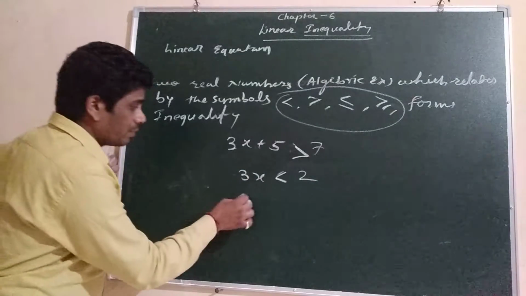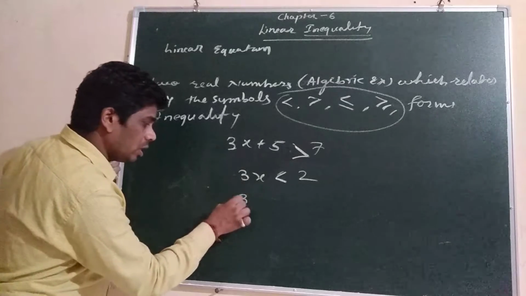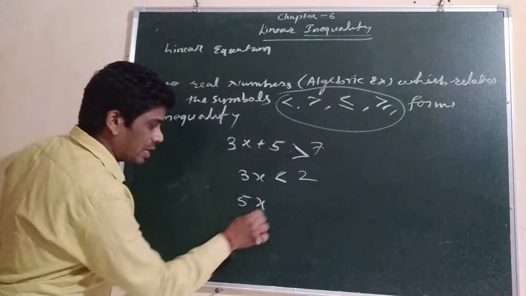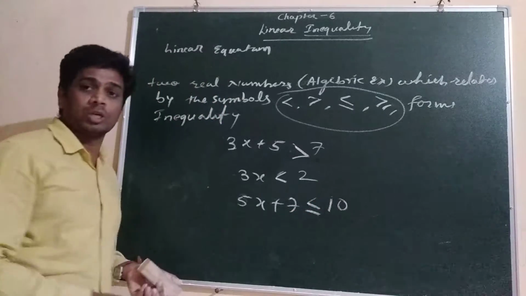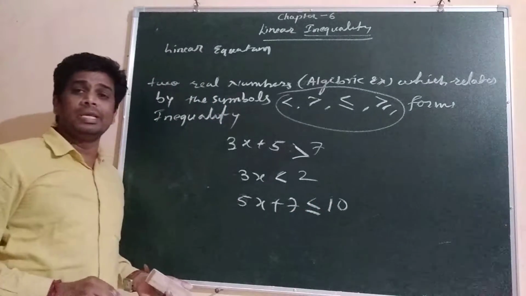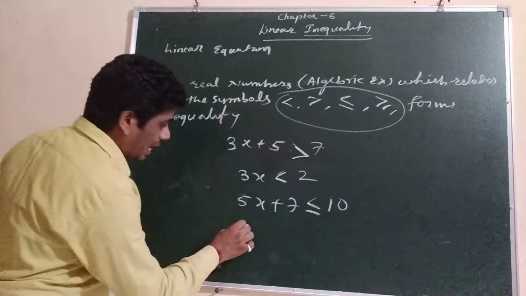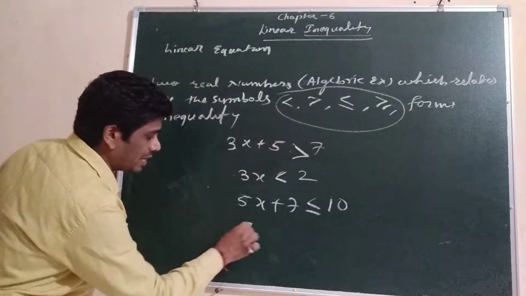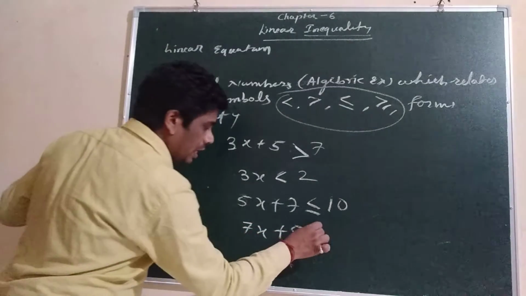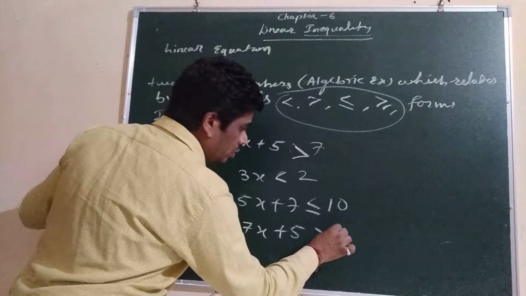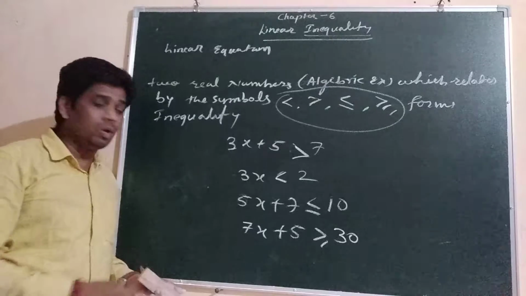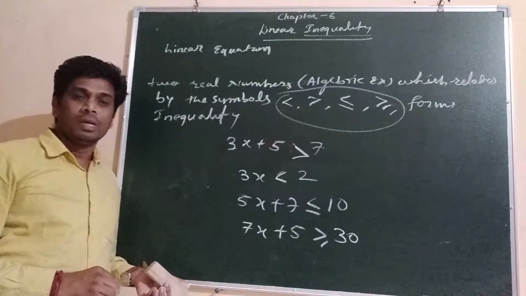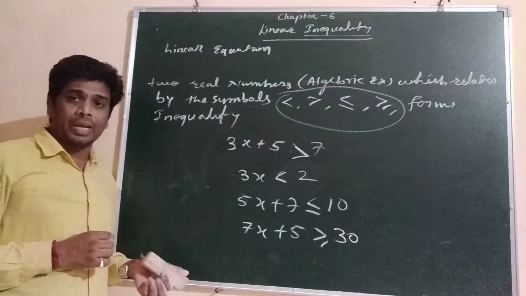Or 5x plus 7 is less than or equal to 10, this is also a linear inequality. Or we can write 7x plus 5 is greater than or equal to 30, this is also a linear inequality.